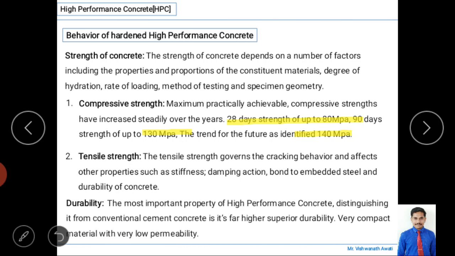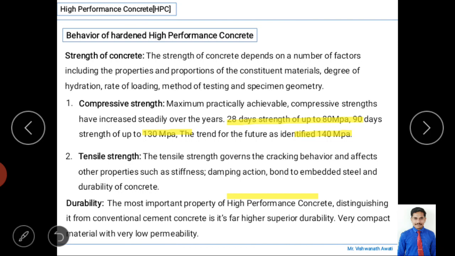Next we'll go for durability. Durability is the most important property of high performance concrete. Why? Because it is good in strength as well as durability. It is one of the main behaviors of hardened high performance concrete.